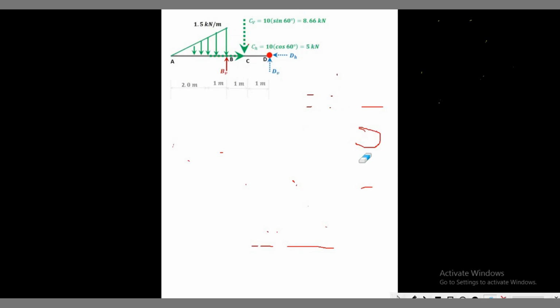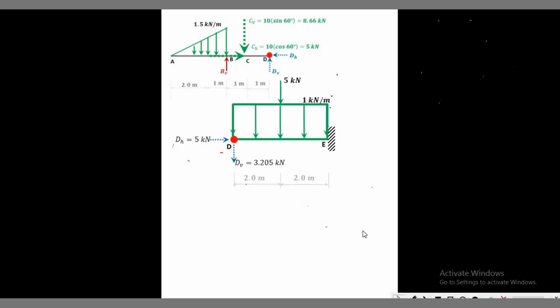So, yan yung mga values na nakuha ko kanina. Dito na tayo sa may right side. Kanina, DH is 5 kilonewtons. Again, the same magnitude, opposite in direction. The same with DV. Then, makukuha ko na ngayon yung mga reactions. Can I change this one? This should be EV.